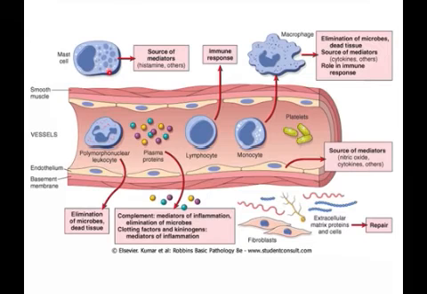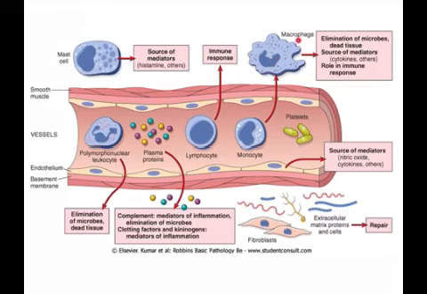So once these macrophages or wandering macrophages recognize any pathogen, these macrophages are going to release certain inflammatory mediators into the extracellular matrix, right? So these mediators present in the extracellular matrix are going to communicate to other cells which are present inside the blood vessels.